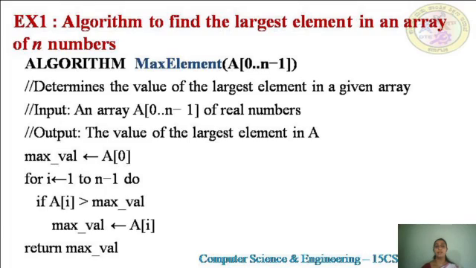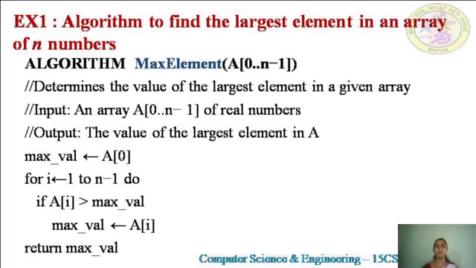When i is equal to 1, we compare the second element with the first element stored in max_value. If the second element is greater than the first element, then the second element is stored in max_value. Then the loop repeats, and i is incremented to 2.